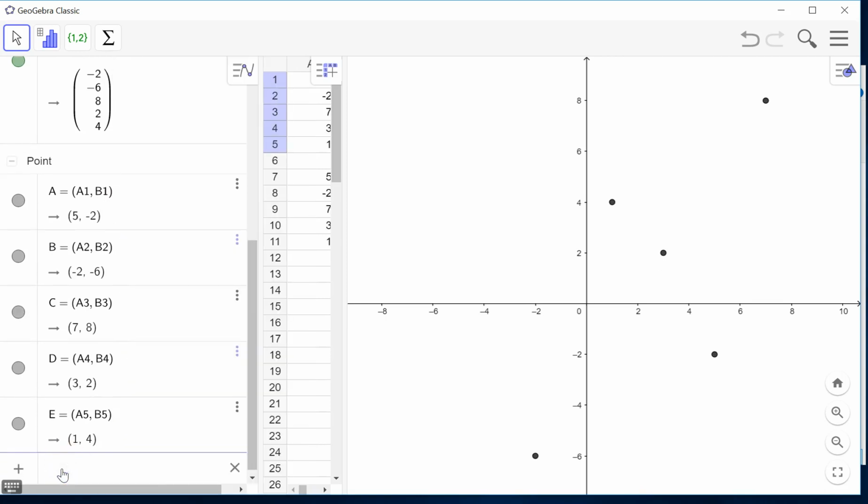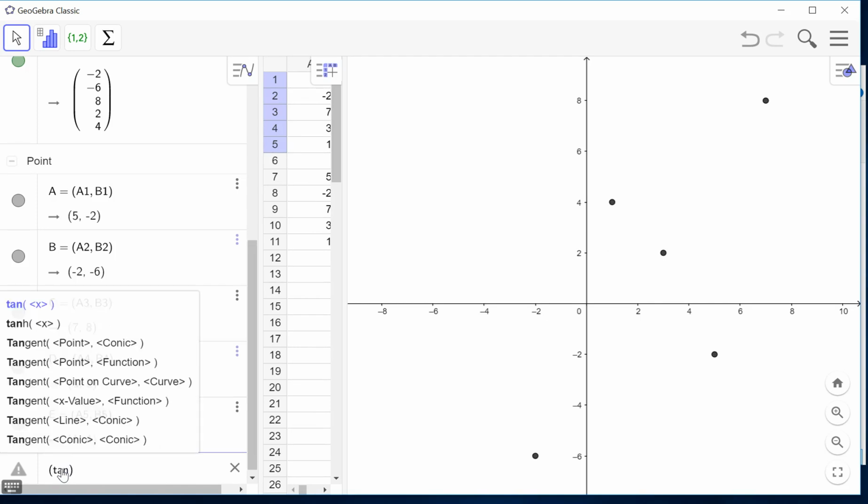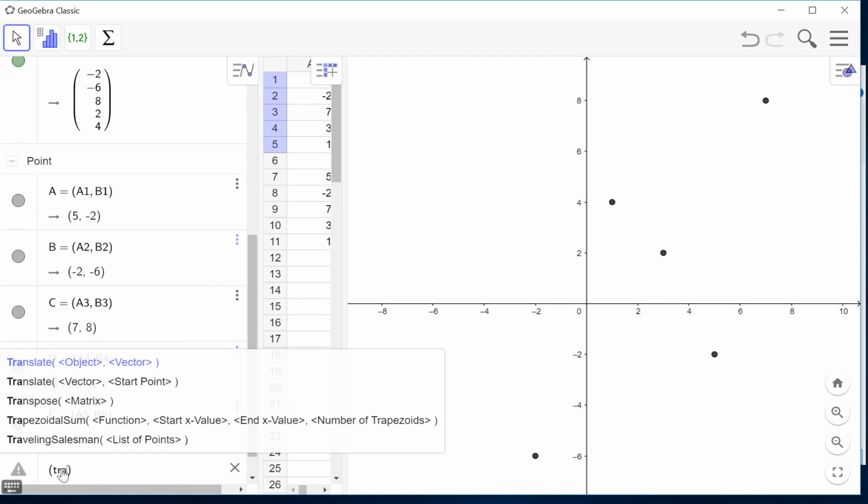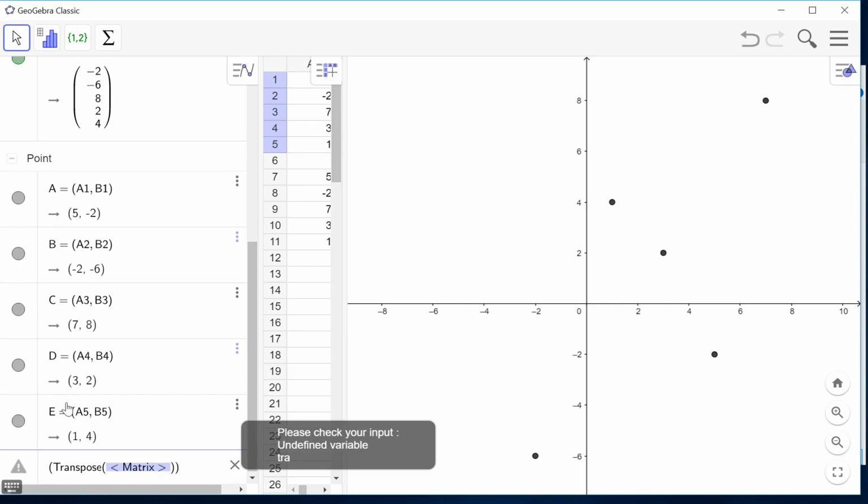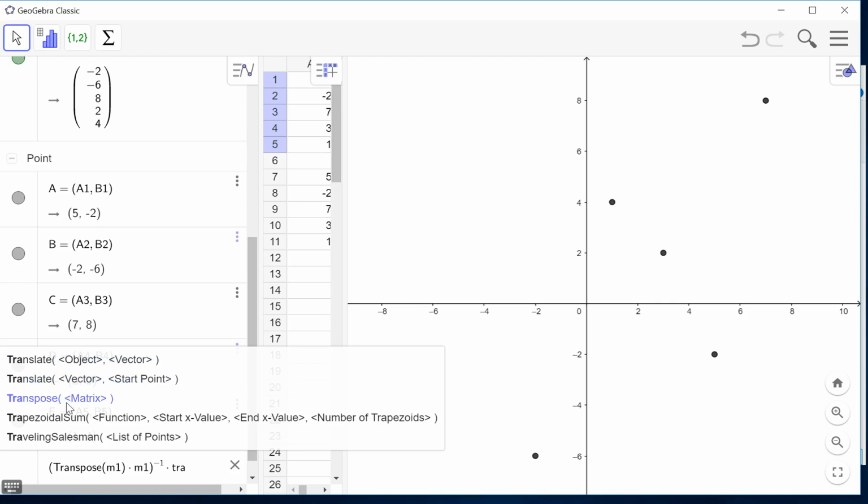So the formula again is the transpose of M1 times M1, right, because it's A transpose A, inverse, so I just did to the -1, and then it's multiplied by A transpose.